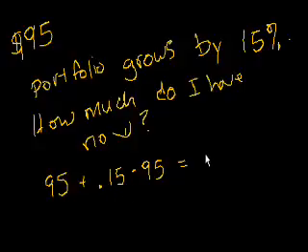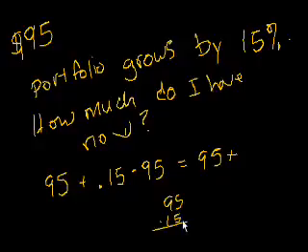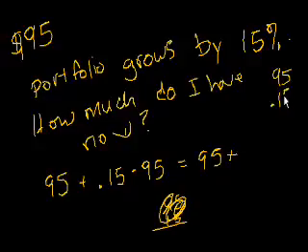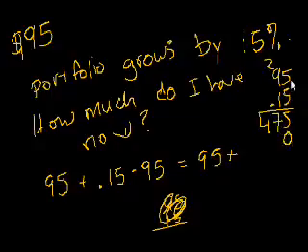So let's just work this out. This is the same thing as 95 plus, well, what's 0.15 times 95? Let me do it up here, I think I'm about to run out of space. 95 times 0.15. 5 times 5 is 25. 9 times 5 is 45, plus 2 is 47. 1 times 95 is 95.